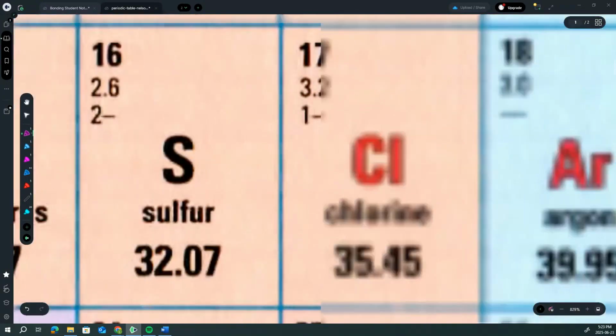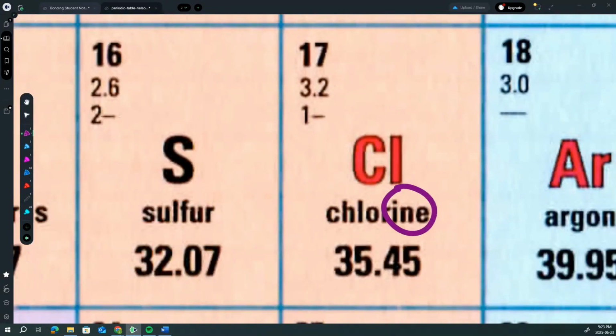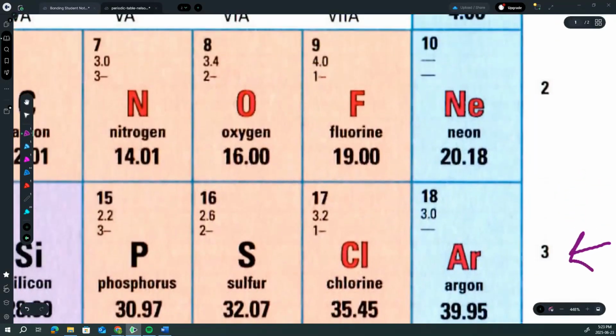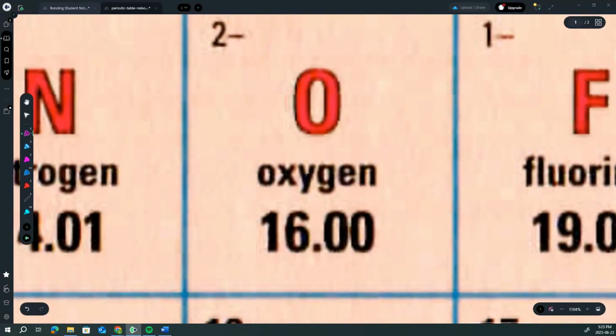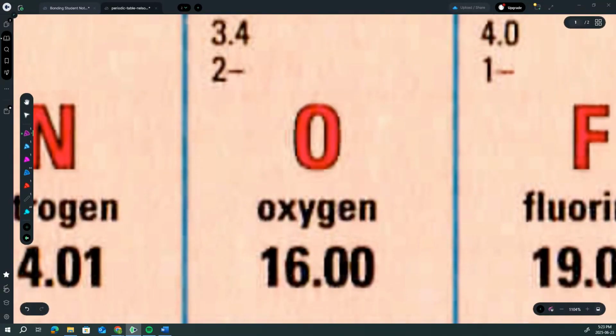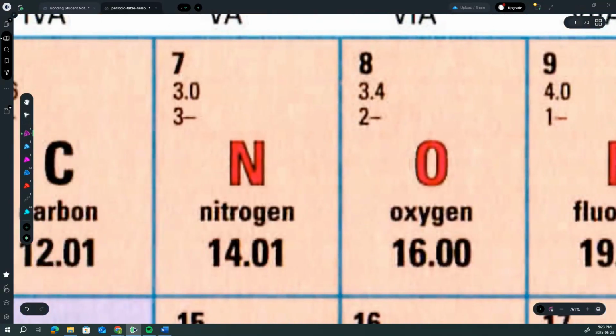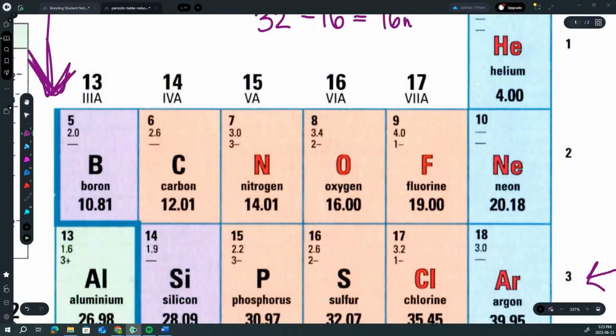Okay, with chlorine, change this ending here to IDE, so chloride ion. For oxygen, it would be oxide ion. Nitrogen would be nitride ion. So on and so forth there.